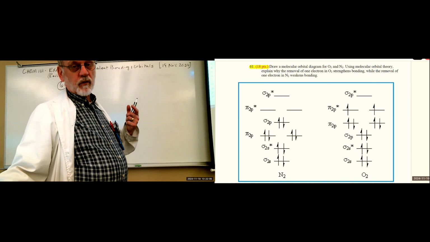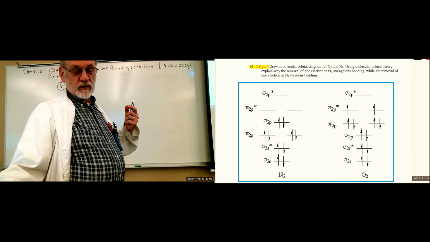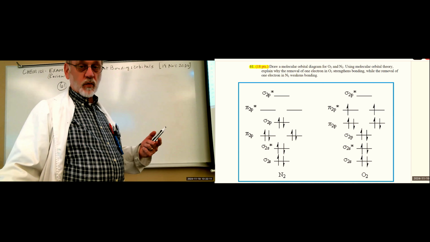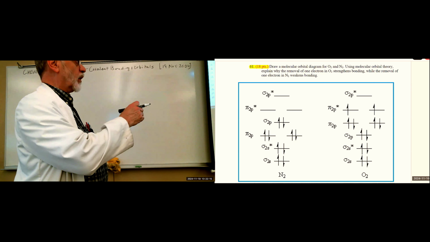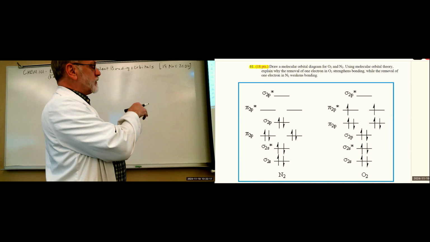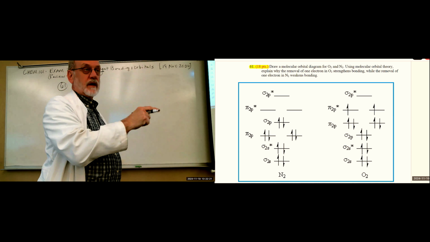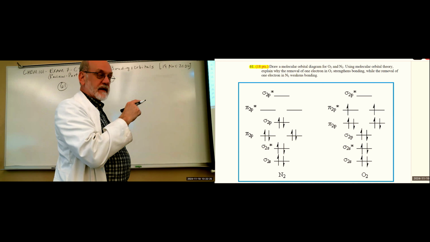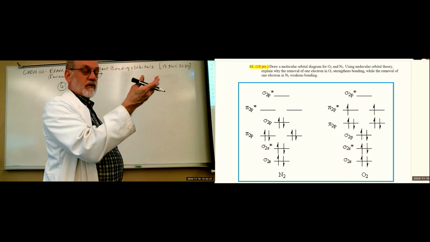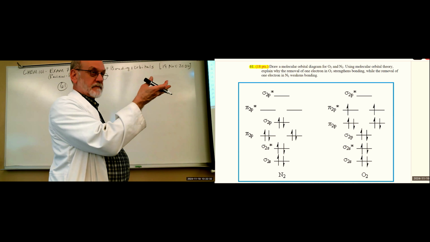Explain why the removal of one electron in O2 strengthens the bond and the removal of one electron in dinitrogen weakens the bonding. We've done that before, but you need to put it in words. If you remove an electron from dioxygen, you're removing it from an anti-bonding orbital. So by removing the negative from the bond order, that increases the value.